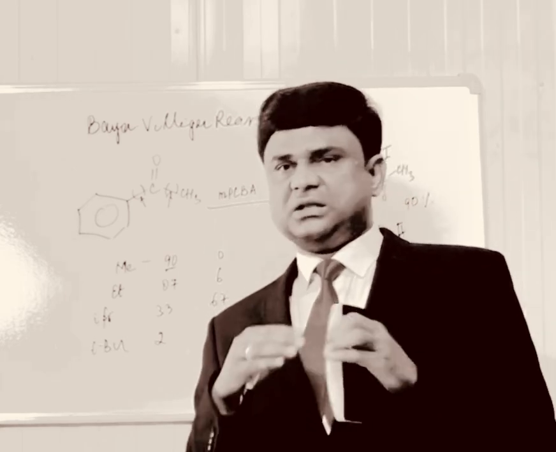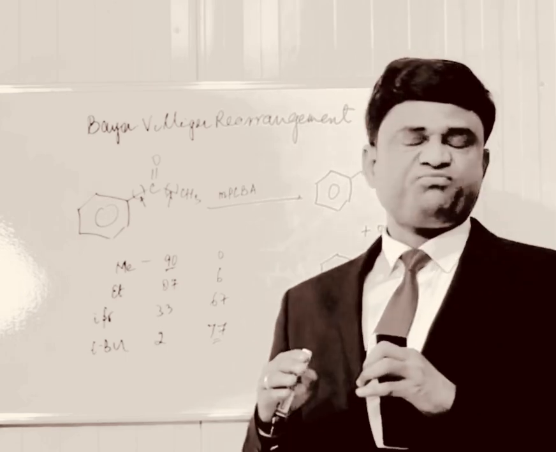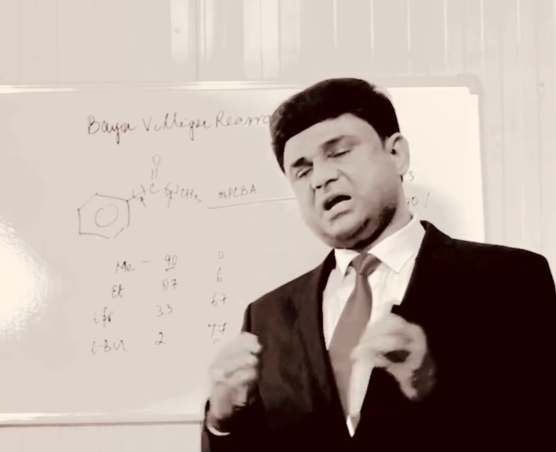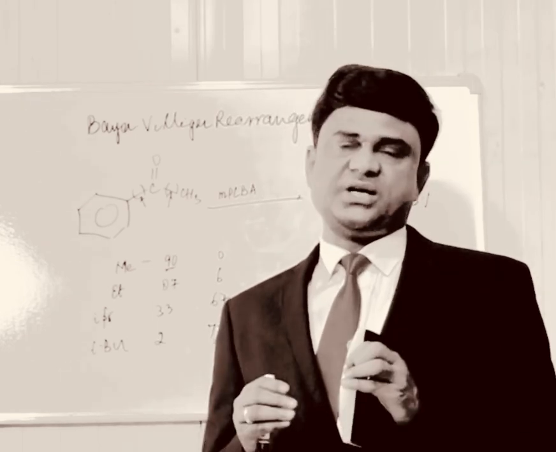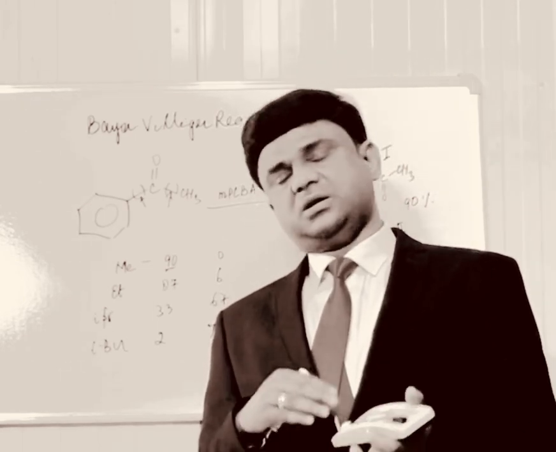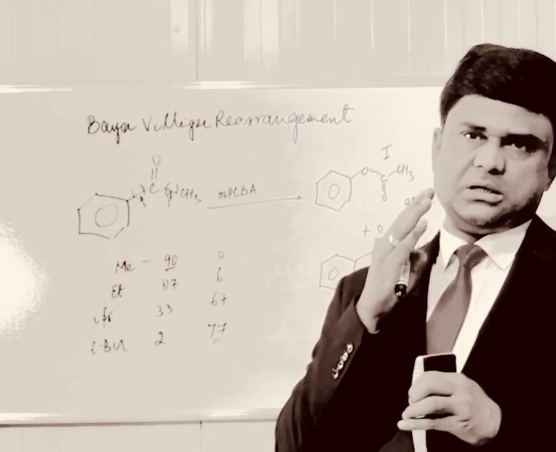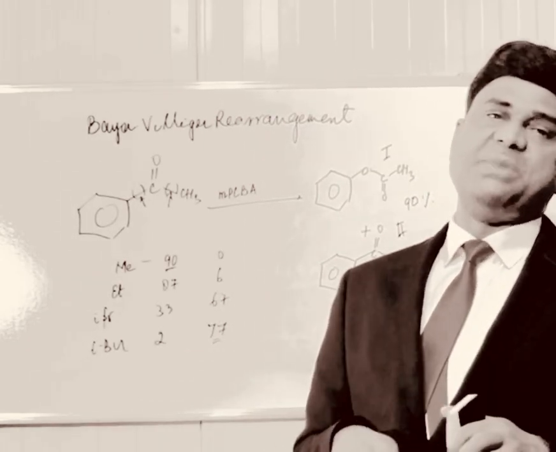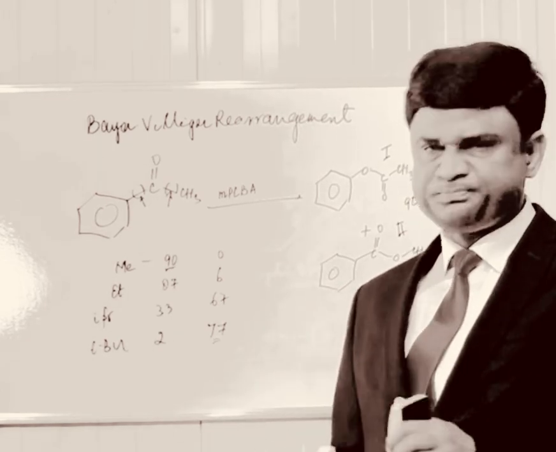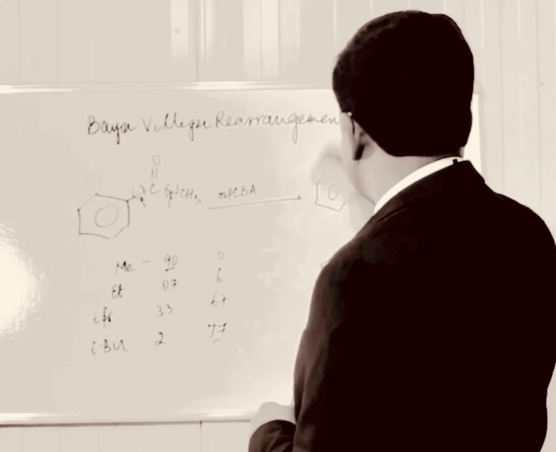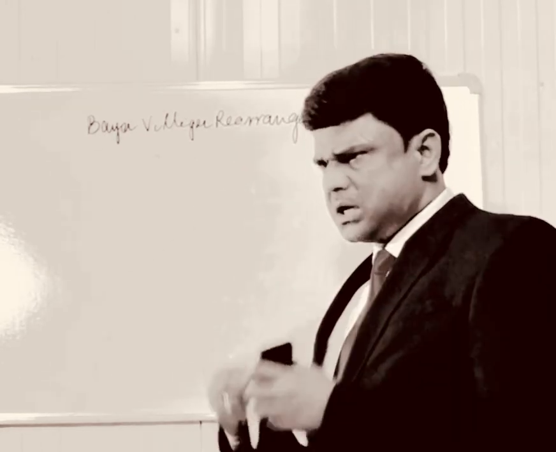Therefore, the selectivity of this reaction is very important, and we can form the product which we want in this reaction, and also predict the nature of the compound, which one will be major and which will be minor in this reaction. So this reaction has more and more importance.